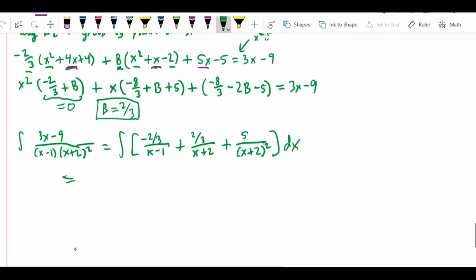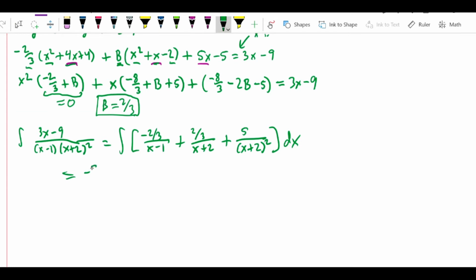That's going to equal negative 2/3 ln x minus 1, and then plus 2/3 ln x plus 2.